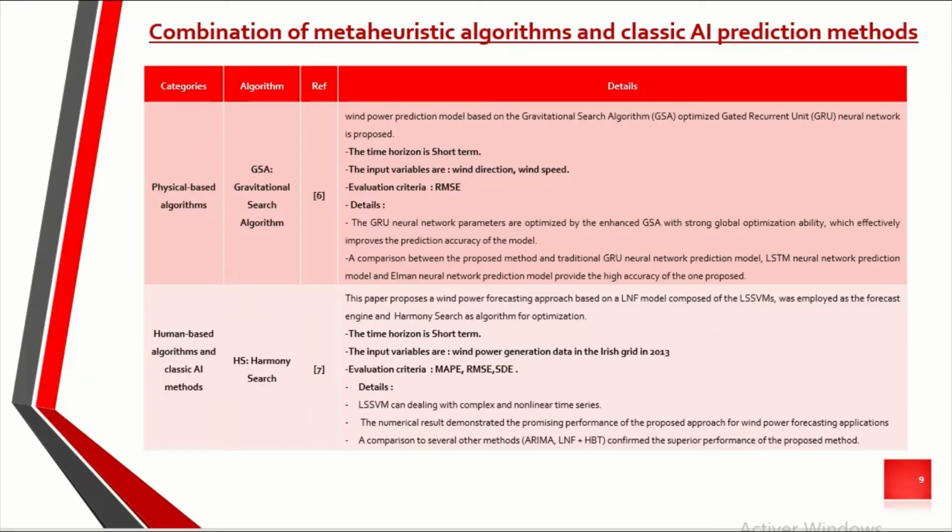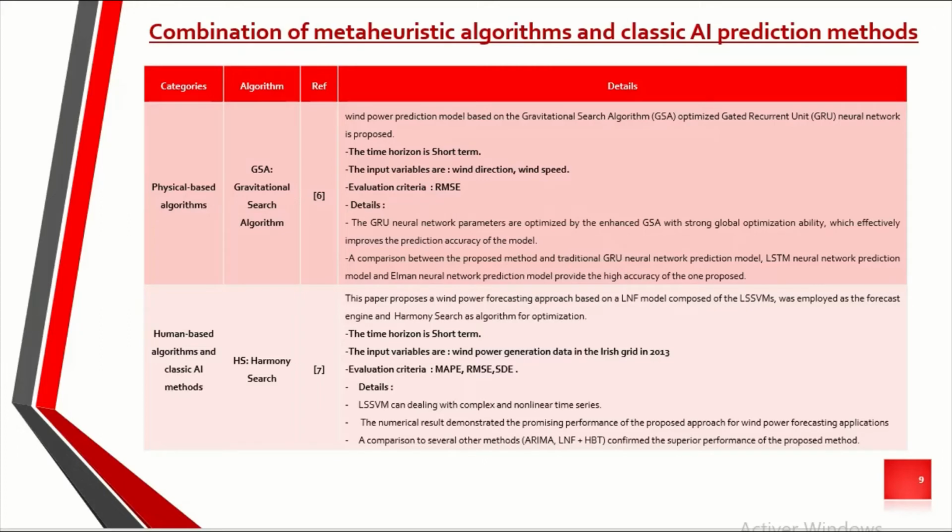So for GSA, from physics-based algorithms, a wind power prediction model based on the GSA optimized neural network is proposed. The predictive model parameters are optimized by the GSA with strong global optimization ability, which effectively improves the prediction accuracy of the model.